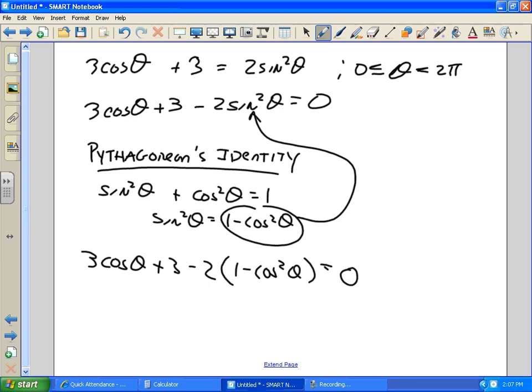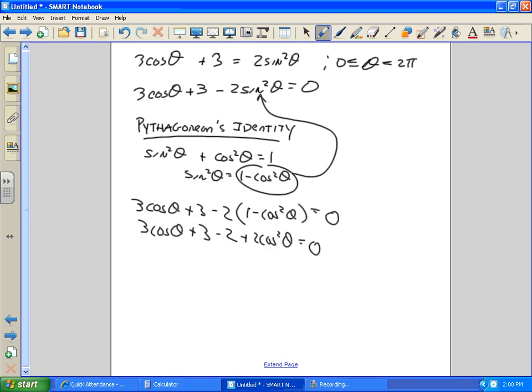Are you okay? We multiply through the parentheses, so I get 3 cosine of theta plus 3. Negative 2 times 1 is negative 2. And negative 2 times negative cosine squared of theta is plus 2 cosine squared of theta, and that equals 0.